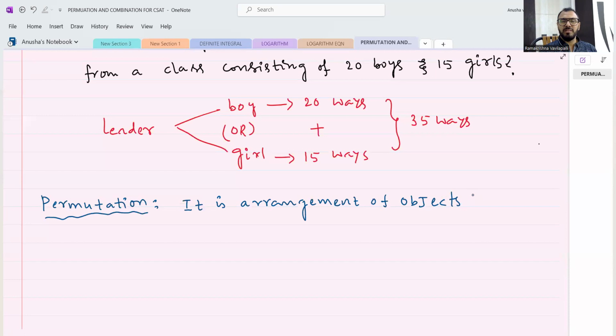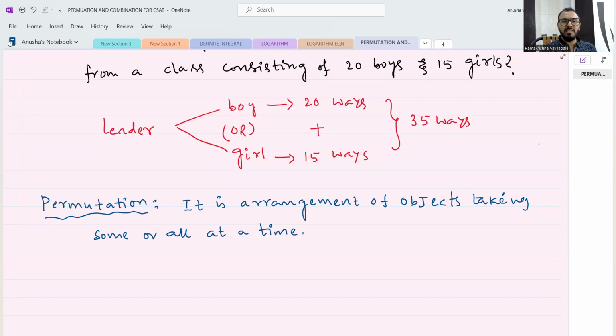It means you can take some objects and then arrange, or you can choose all the objects and arrange them.